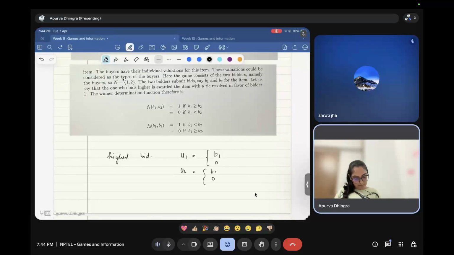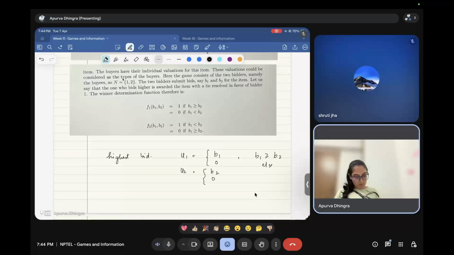And when does this happen? He would be paying b1 if he actually acquired the item, otherwise why would he pay that? So this is if b1 is greater than or equal to b2. In case of equal to, because it is going to bidder 1, this is okay.